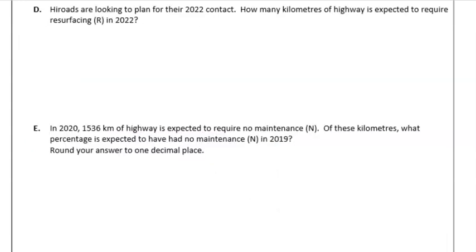Part D: High Roads are looking to plan for their 2022 contract. How many kilometres of the highway is expected to require resurfacing in 2022? Firstly, let's think, how many transitions is that? If S0 is 2018, that means we're going to have 4 transitions to get to 2022.